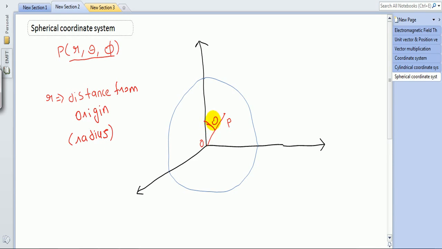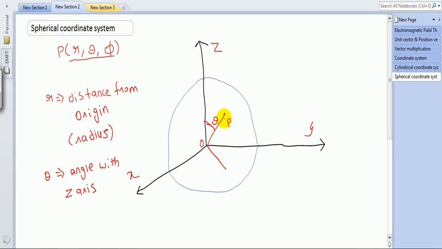Here it is the x axis, here it is y, here it is the z axis. The angle with the z axis is theta. So this is the angle with the z axis, and phi is similar to the cylindrical coordinates.